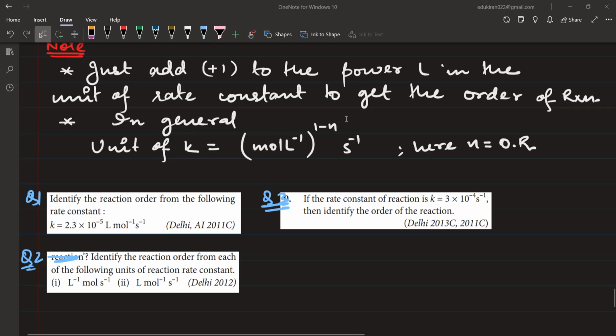What will be the order of reaction for this third one? Send the answer in chat. Okay, first one. Okay. Hanifa, this one is for the third one, right?